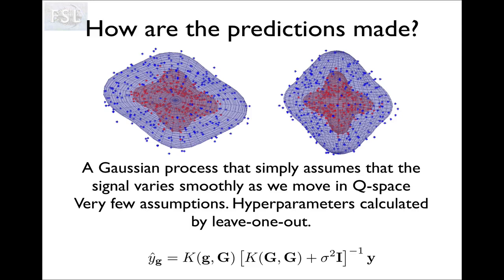Secondly, how are the predictions made? Again, as I said before, it's a Gaussian process, and all it assumes really is that the signal varies smoothly. So the way to interpret this is, imagine you have the center here, and then any vector you can draw from this center, you can think of as the direction of the diffusion gradient of that scan.